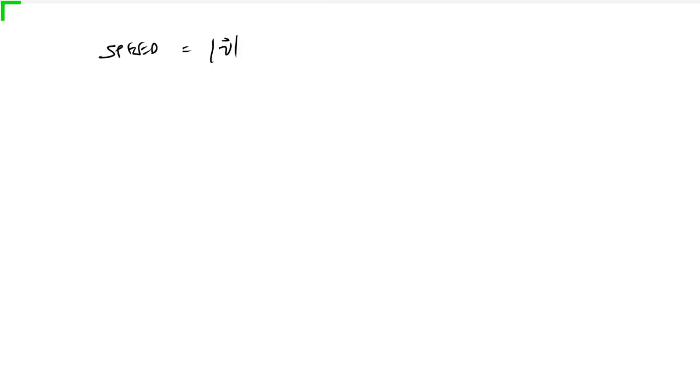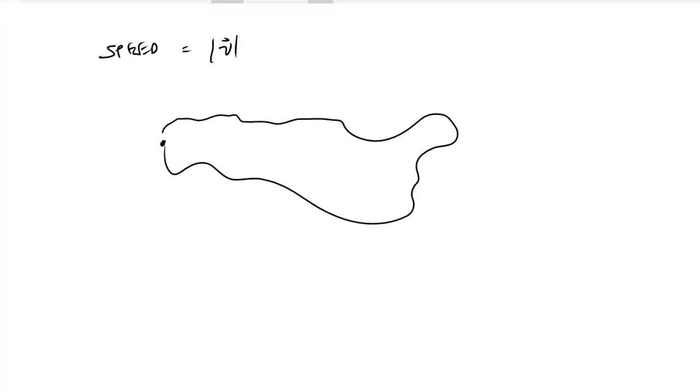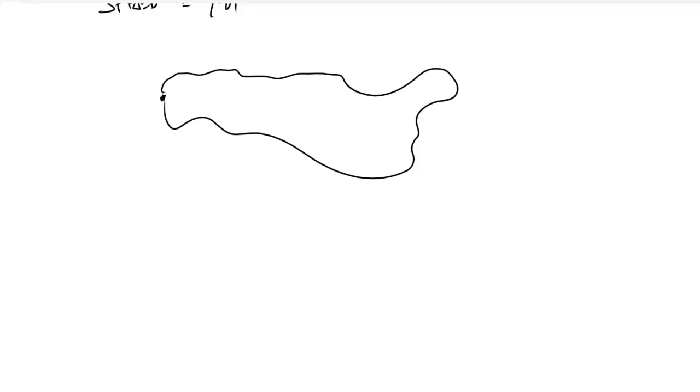For instance here, we talked about previously a particle starting at some point, traveling along some path over here, and coming back to the same point. In which case we said our displacement was equal to 0 over the entire interval. From the start to the finish, our displacement was 0.